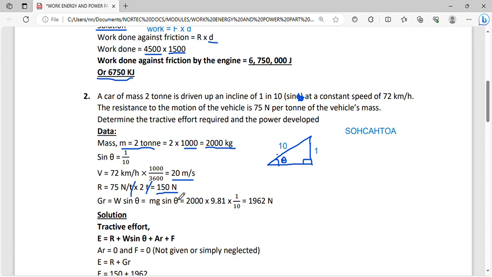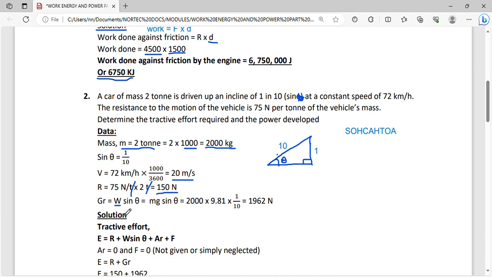Next, let's get the gradient resistance, the resistance because of the slope. This gradient resistance is the one we call W sine theta. Now this is where it becomes interesting, because what we have is the mass, not the weight.